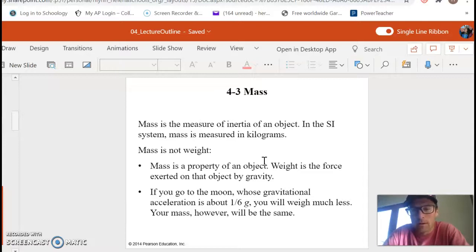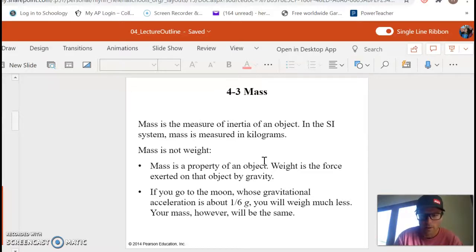So forces are the product of a mass and for the most part, how the gravitational field is acting on that mass. So on planet Earth, we use our mass in kilograms and we multiply times the acceleration due to gravity, which we already learned about, which was 9.8.